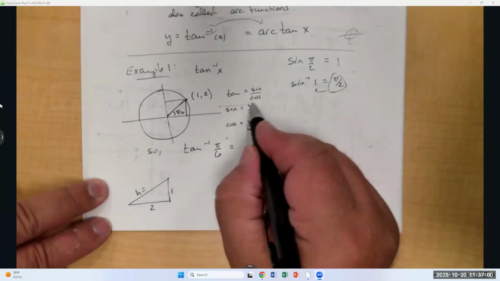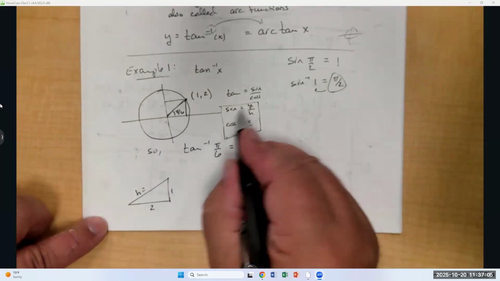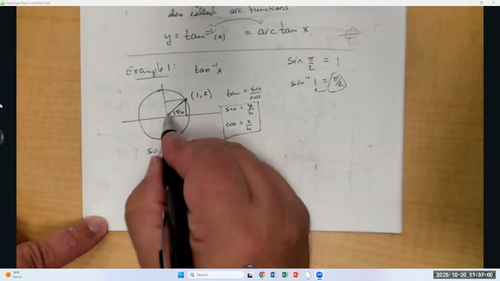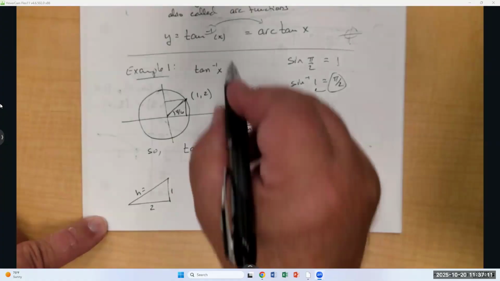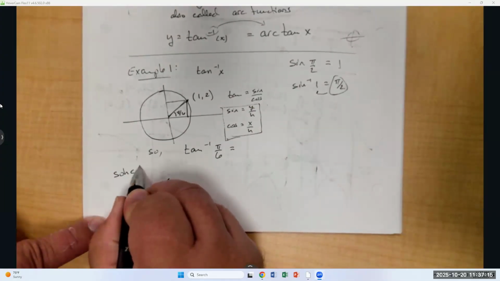Okay, this right here is important. If you don't remember how sine and cosine are related to these pictures, think of SOHCAHTOA.